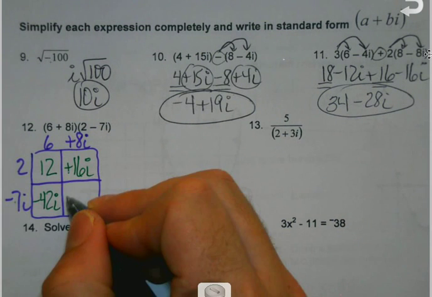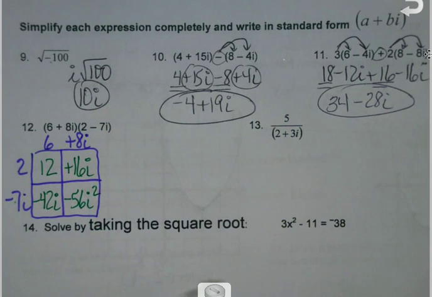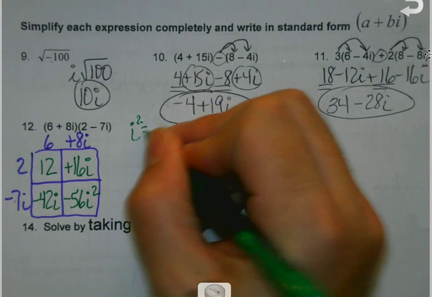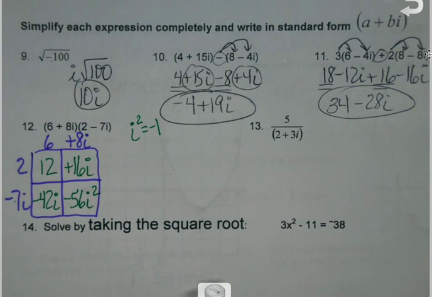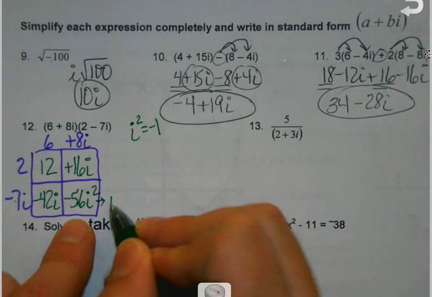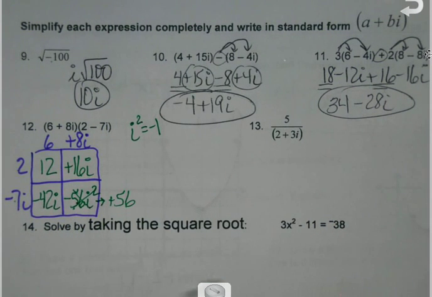And negative times positive is negative 56i squared. But remember, i squared is negative 1. So this is really negative 56 times negative 1, which is positive 56.